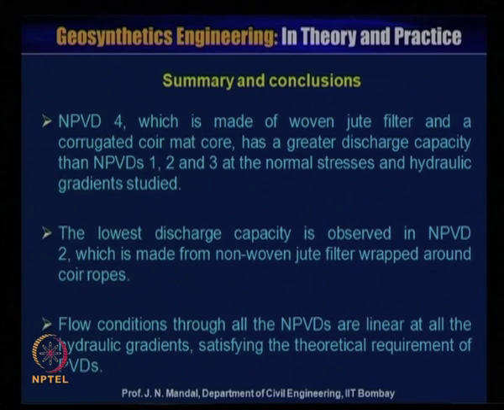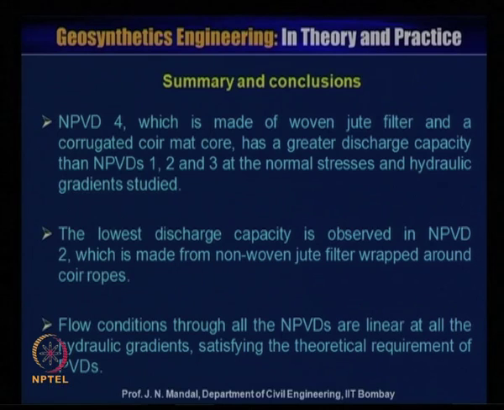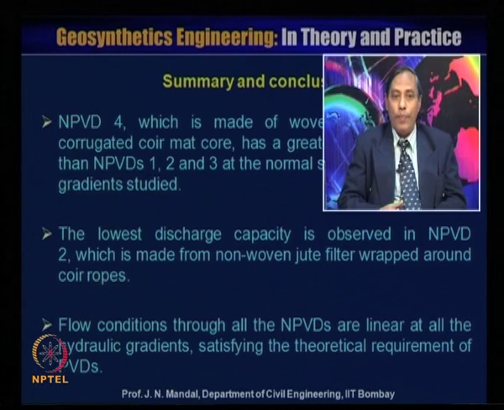So, some summary and conclusion from this result: natural prefabricated vertical drain 4, which is made of woven jute filter and corrugated coir mat core, has a greater discharge capacity than natural prefabricated vertical drains 1, 2 and 3 at the normal stresses and hydraulic gradient studied.